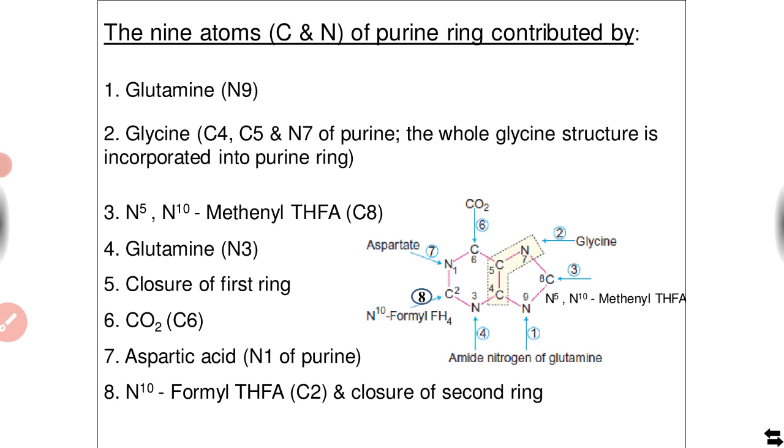And in step 7, a nitrogen atom is added from aspartic acid. And in step 8, carbon is added from the one carbon group, which is N10 formyl tetrahydrofolic acid. And in step 9, the closure of the first ring happens.